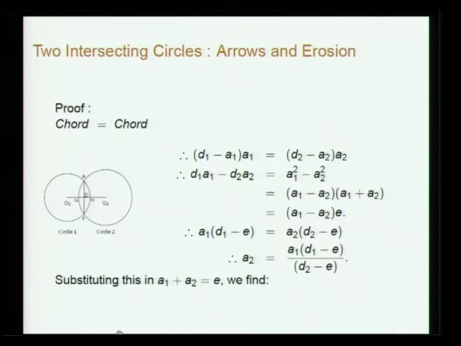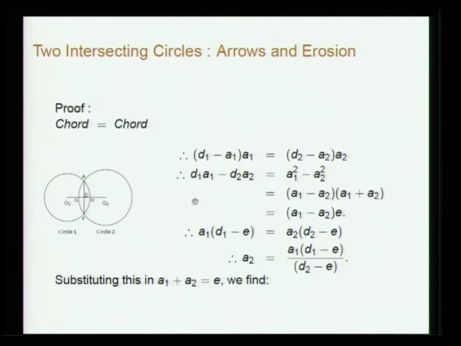One can prove it again, essentially with right-angled triangles only. Here the chord is the same for both circle 1 and circle 2, so it is the square root of 4 into that. So (d1 minus a1) into a1 must be equal to (d2 minus a2) into a2. From this, one finds that d1 a1 minus d2 a2 is a1 squared minus a2 squared, which is (a1 minus a2) into (a1 plus a2).